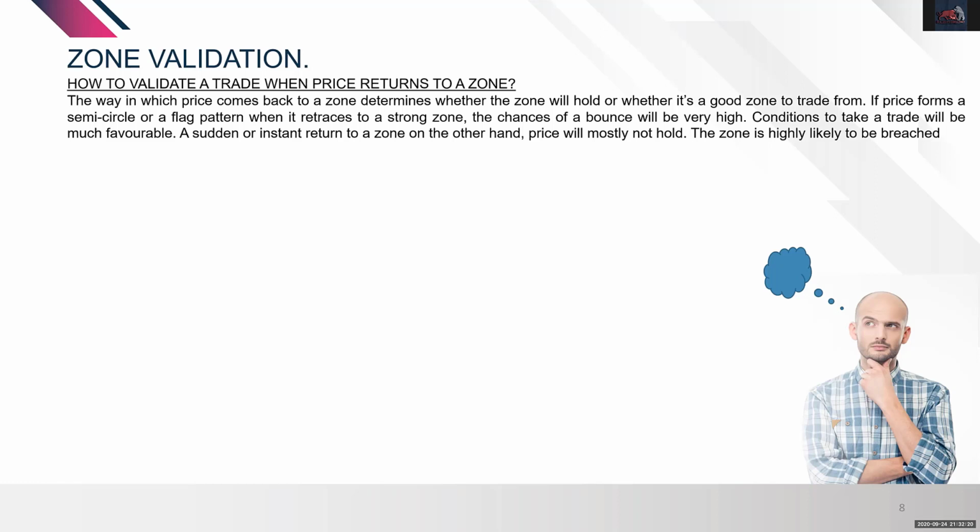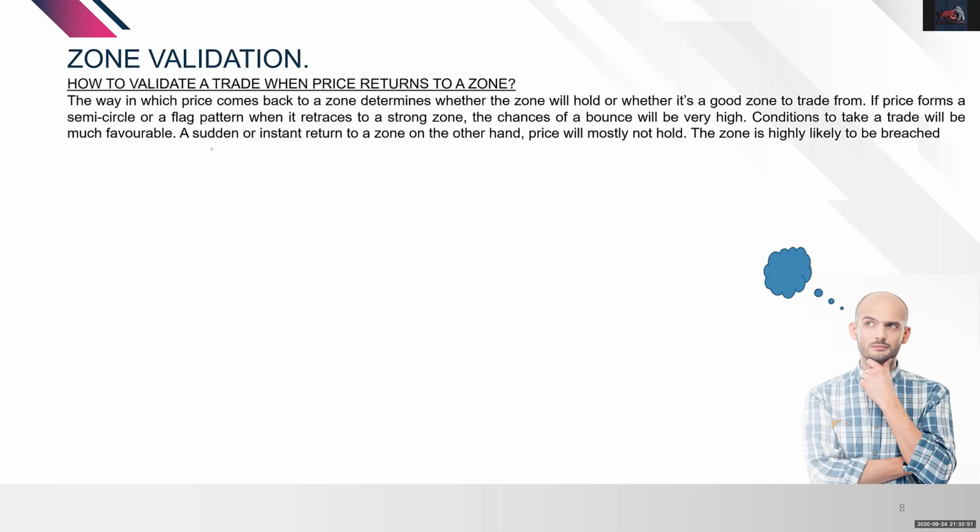If price forms a semicircle or a flag pattern when it retraces to a strong zone, whether it's a demand or a supply, the chances of a bounce will be very high. Conditions to take a trade will be much more favorable.